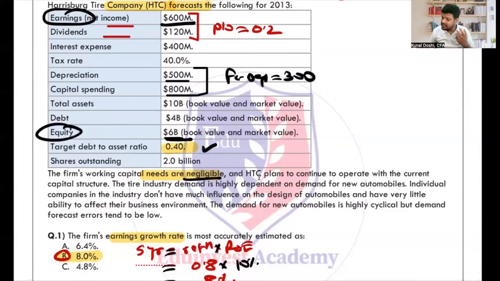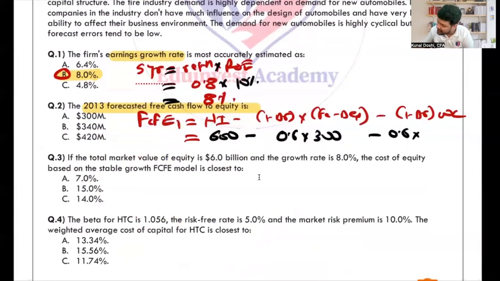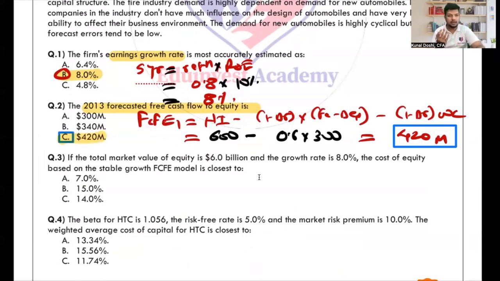Working capital requirement is not there, so I don't need that component also. Correct? So 600 minus 180. My answer will be 420 million. That's going to be my FCFE.